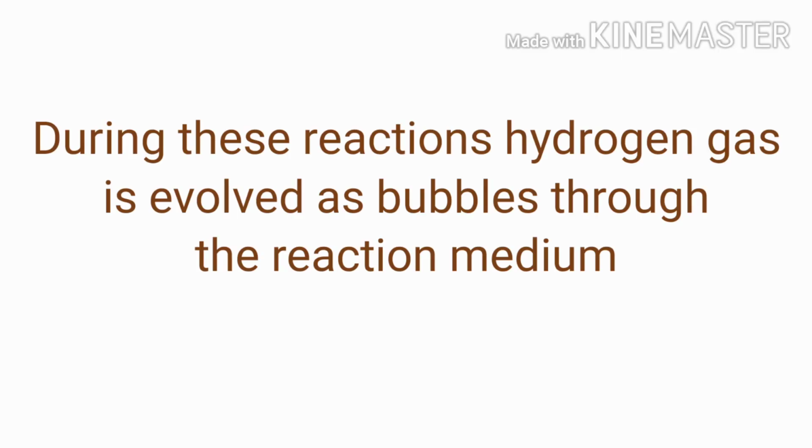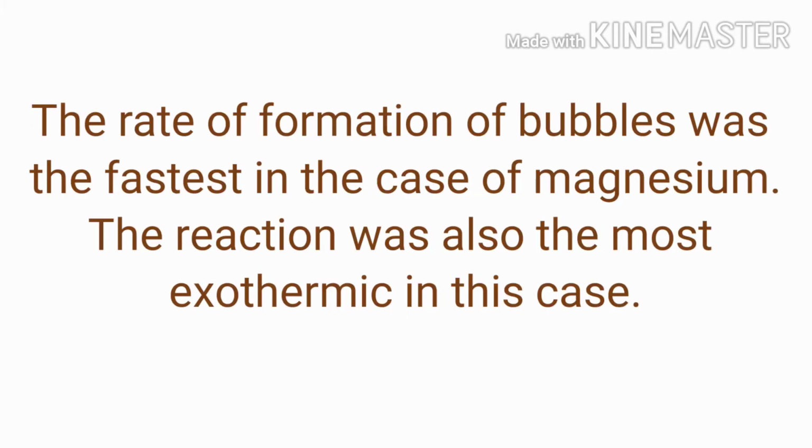And in all these chemical reactions, hydrogen is evolved as bubbles through the reaction medium. The rate of formation of bubbles was the fastest in the case of magnesium. The reaction was also the most exothermic in this case.